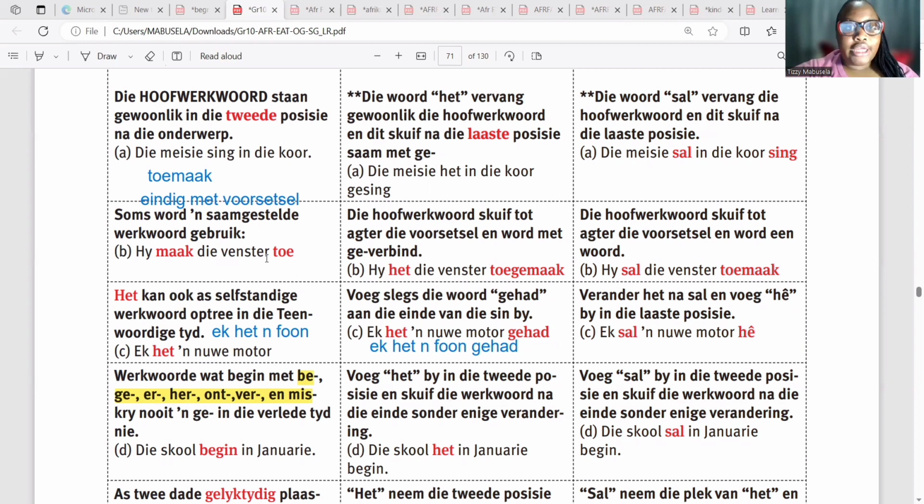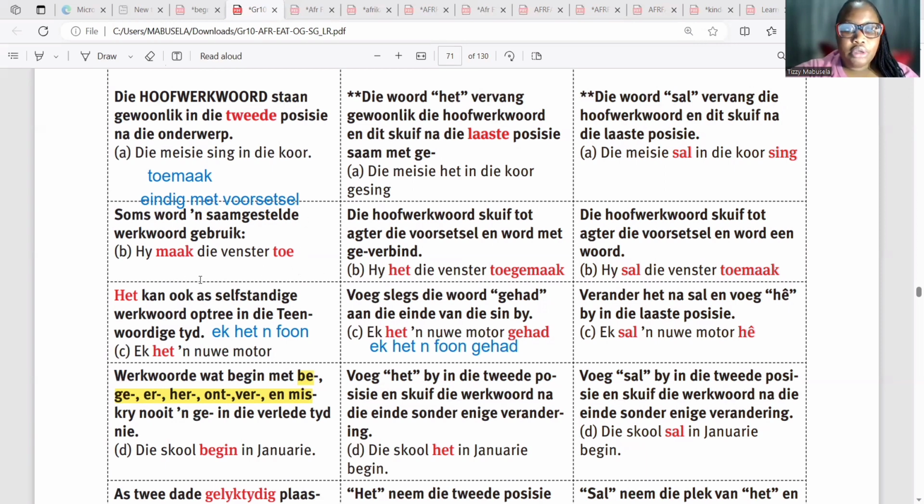So here, this is actually a skybord werkwoord. So that's when you can split a verb into two parts. But here, this skybord werkwoord has a voorzetsel. So you still remember what voorzetsels are, our prepositions.